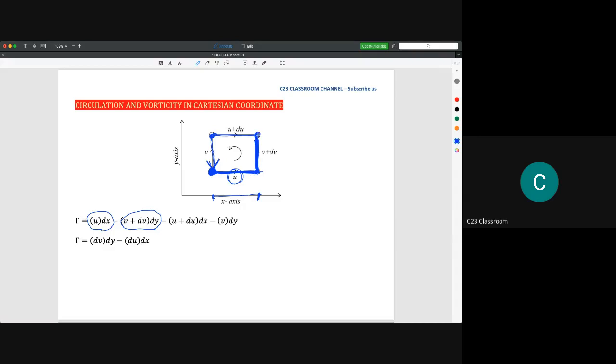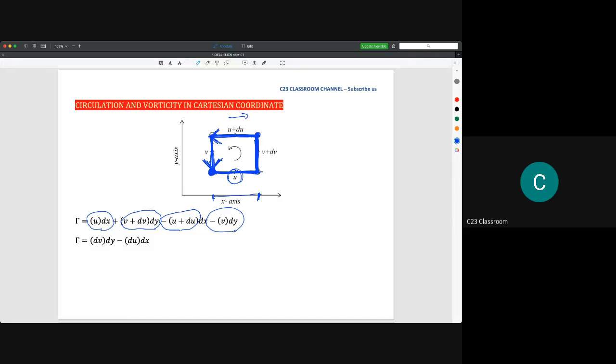And for this motion, we write it as negative. I think you already know: because we assume that in the positive way the velocity is u plus du, if we move in the reverse direction like this one, it becomes negative u plus du times dx. And here it moves downward like this one, so we give it as negative v dy.